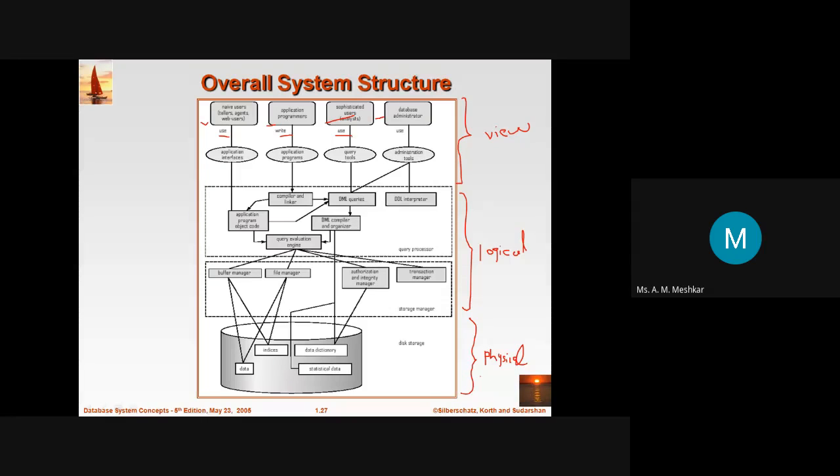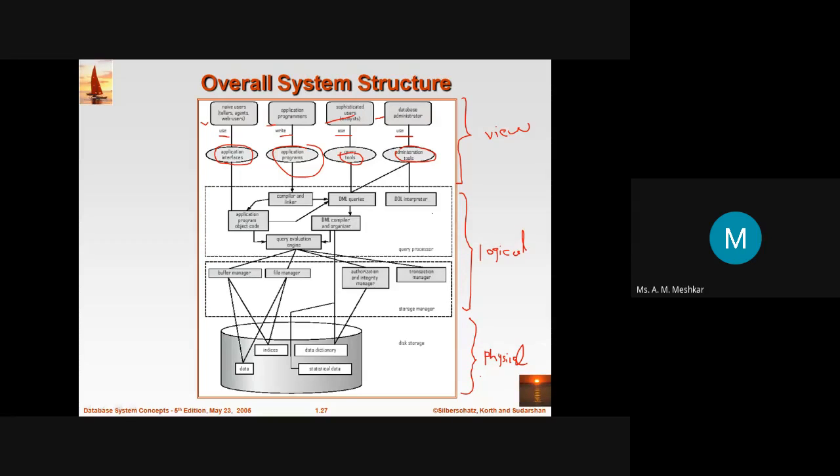Sophisticated users and the admin are also going to use the database management system. For naive users, application interfaces are designed; application programmers write application programs; sophisticated users use query tools; and the database administrator uses administration tools, with which they can control the overall system.